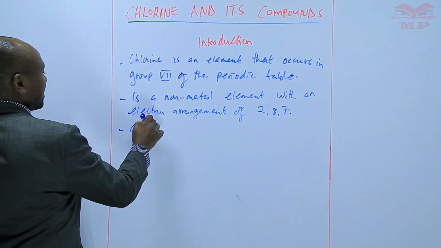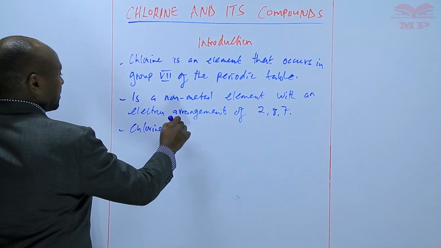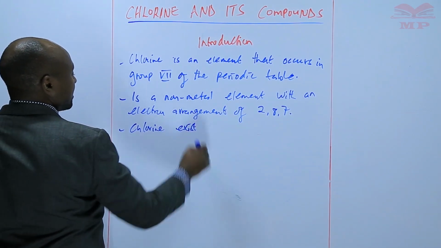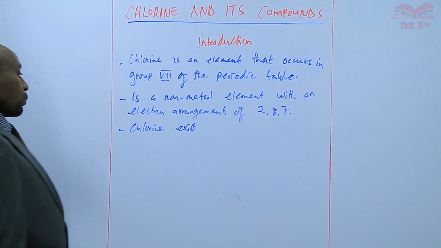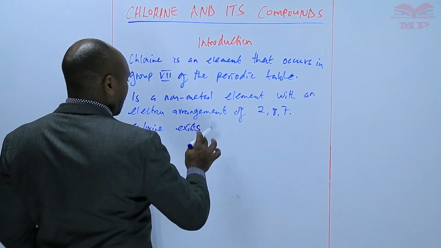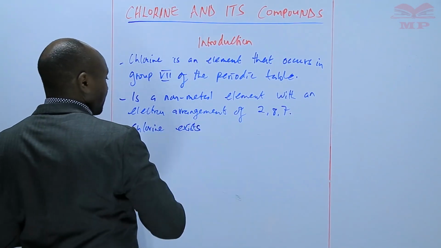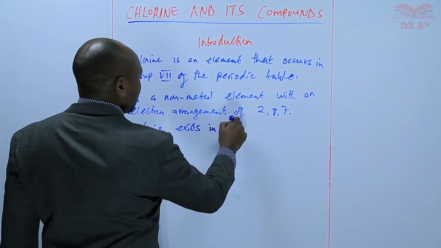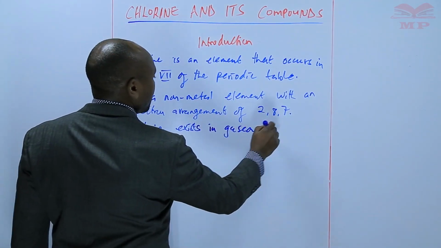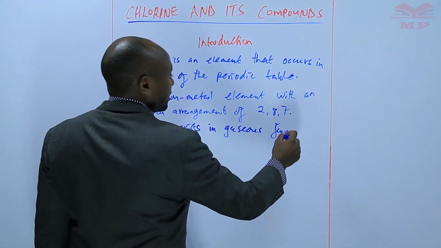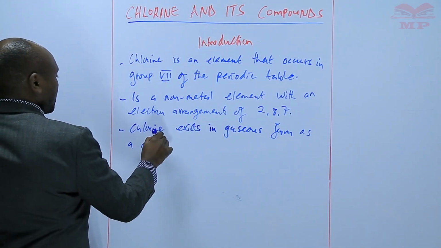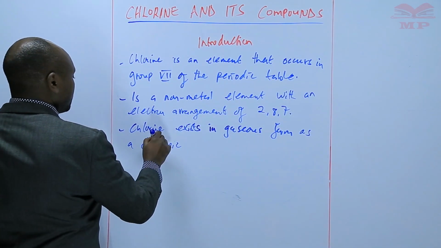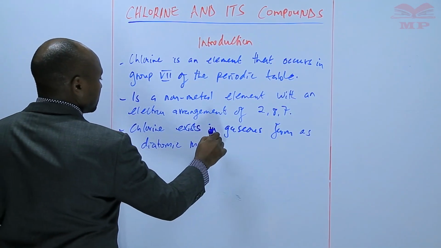Chlorine exists as a gas, and this gas exists as a diatomic molecule.